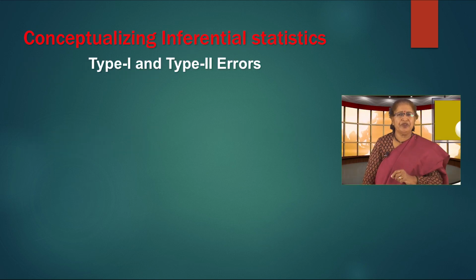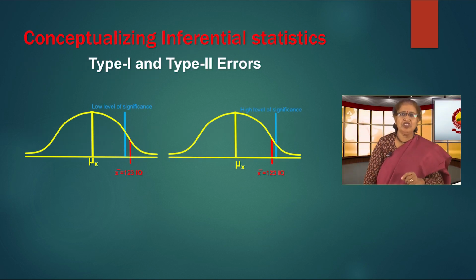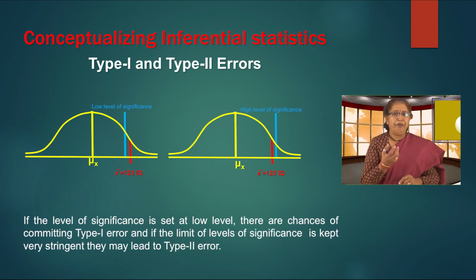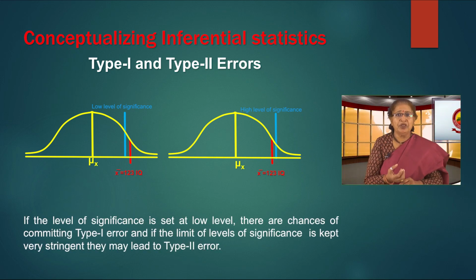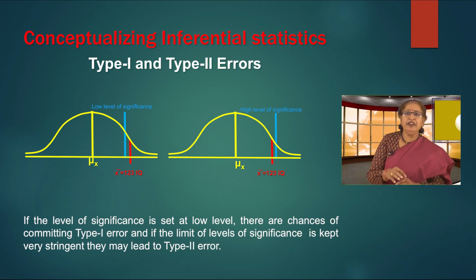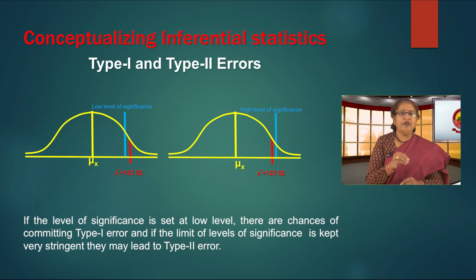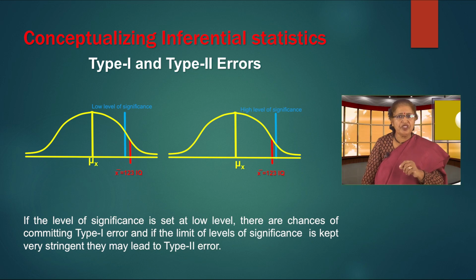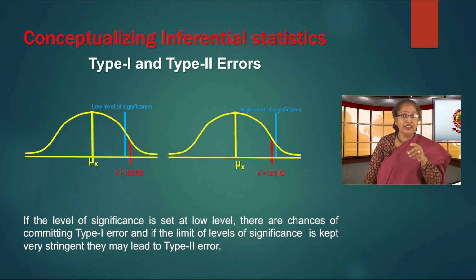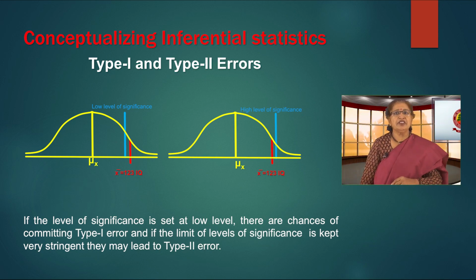These two types of error may be managed by maintaining a balance through the decision taken for the limit of levels of significance. If they are kept very stringent, they may lead to type 2 error, and if the level of significance is set at a low level, there are chances of committing type 1 error.